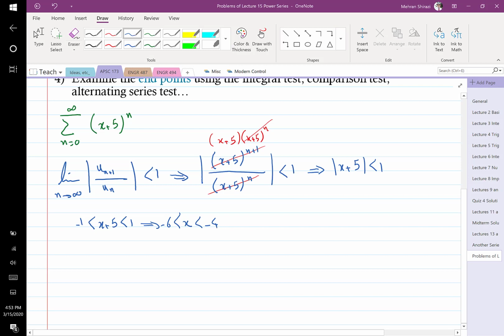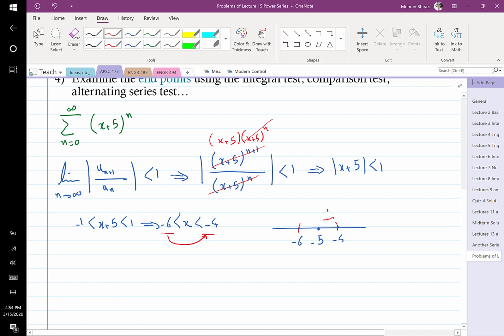We know in what interval the series is converging. The radius is 1, because the distance from -5 to -4 is 1. We diverge outside of -6 and -4. So you can see this is the interval, and the radius of the interval is 1.